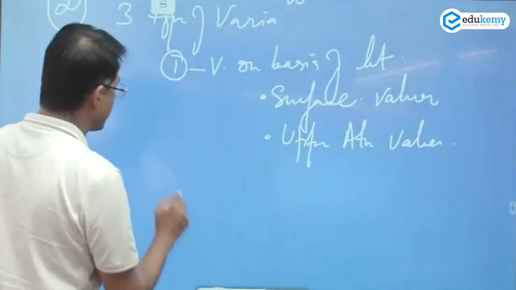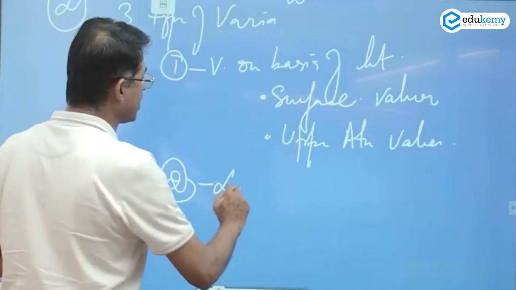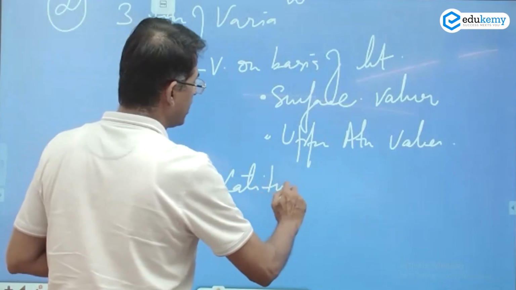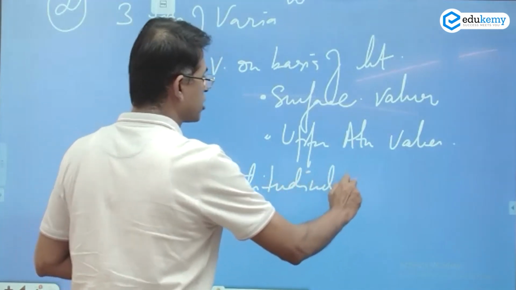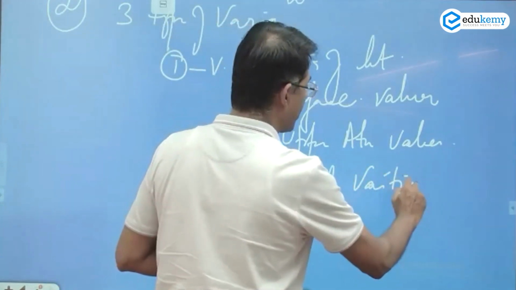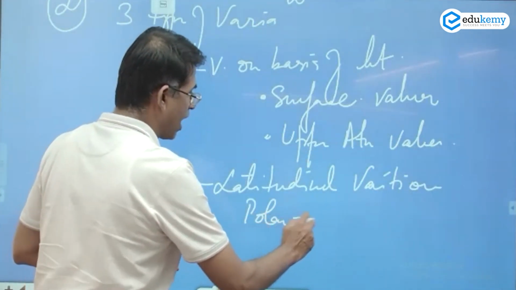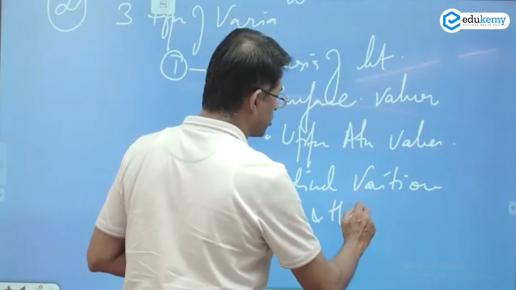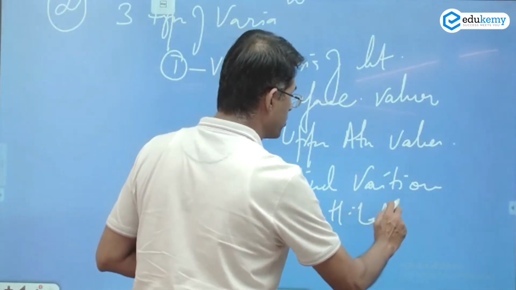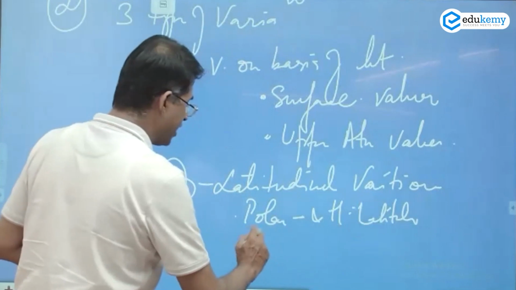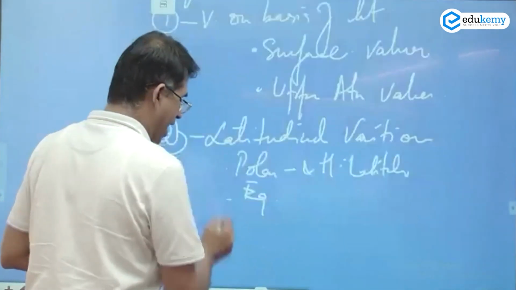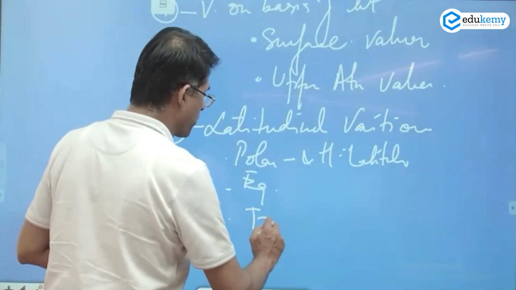The second variation is the latitudinal variation. So we have values in the polar regions, the high latitudes, we have in the equatorial regions, and we have in the tropical areas.